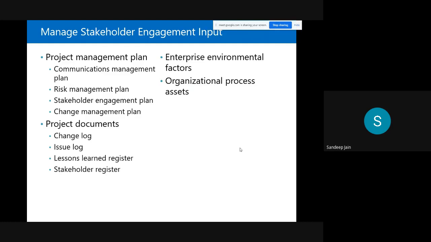These inputs are very generic. The last item, organizational process assets, is required for every process. Enterprise environmental factors were required for every process. And change log, issue log, lessons learned will be there for almost every process.